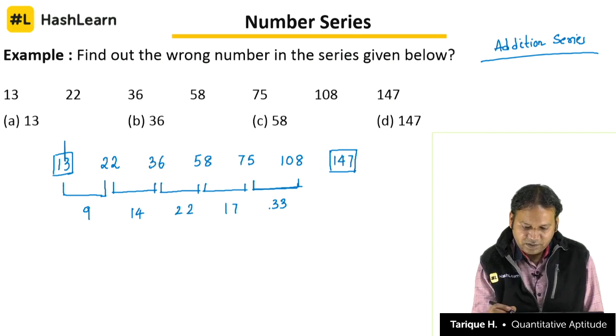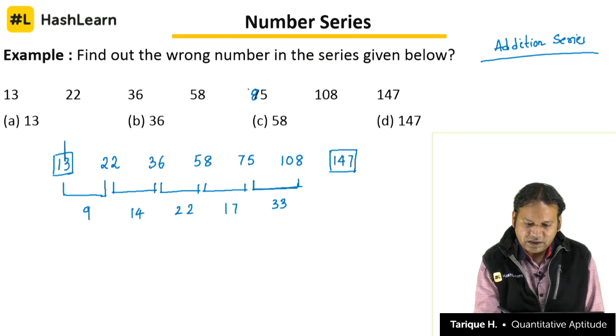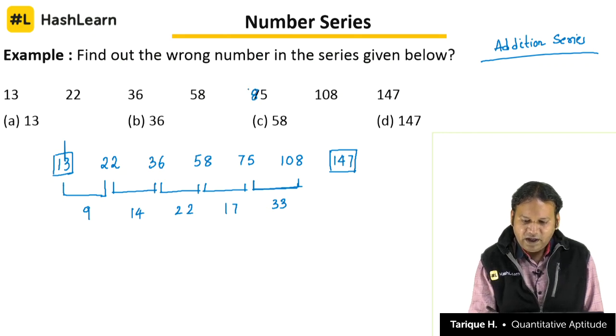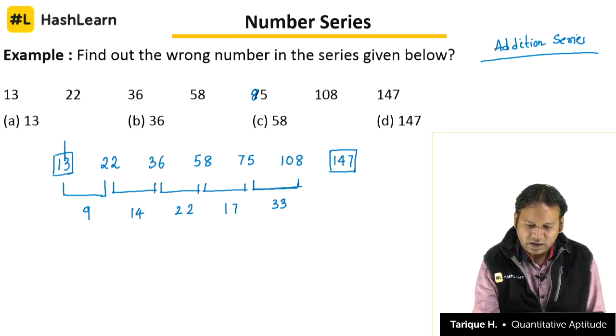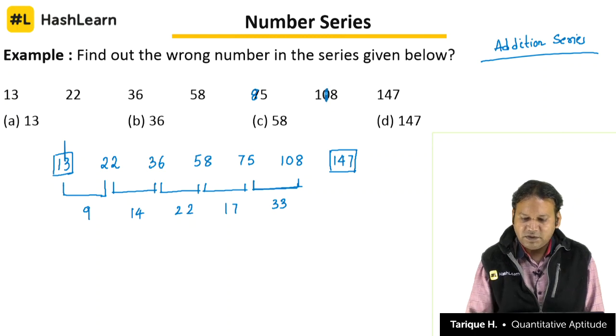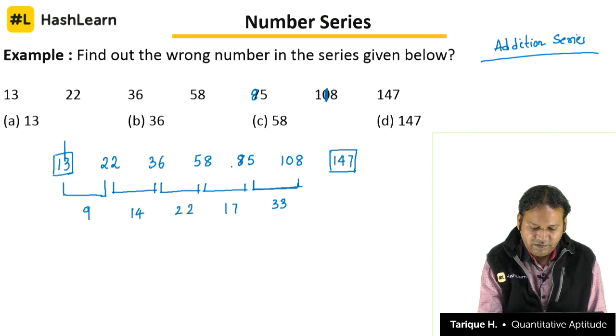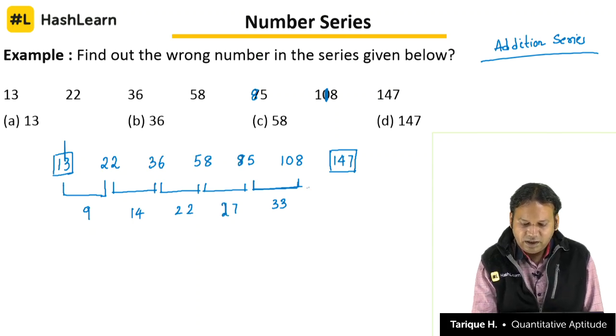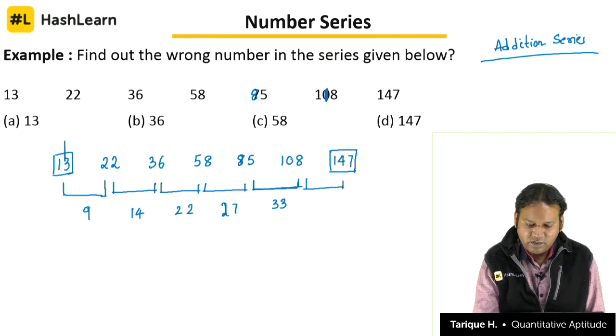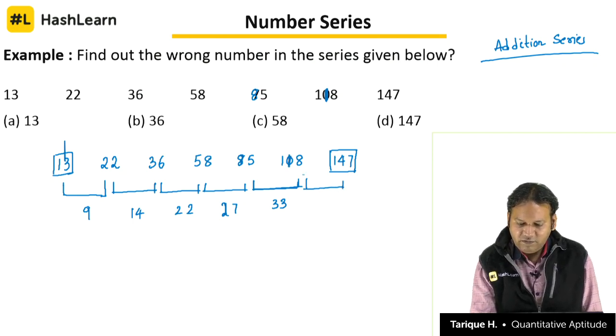First let's correct this part. Okay, this should be 85, just make the correction here, 85, and this should be 118. So make the corrections here, 85, 118, make this number 85, the difference being 27. Okay, let's see what happens with 118 here, and 147, how much the difference is there.